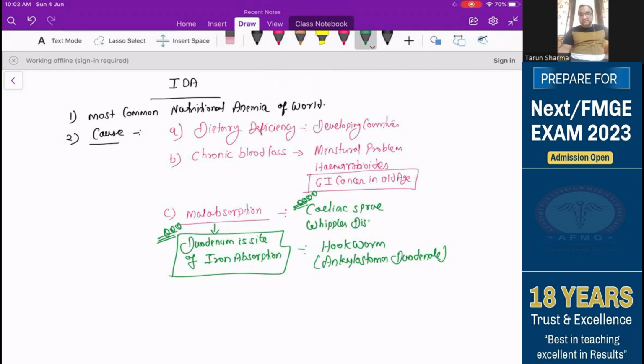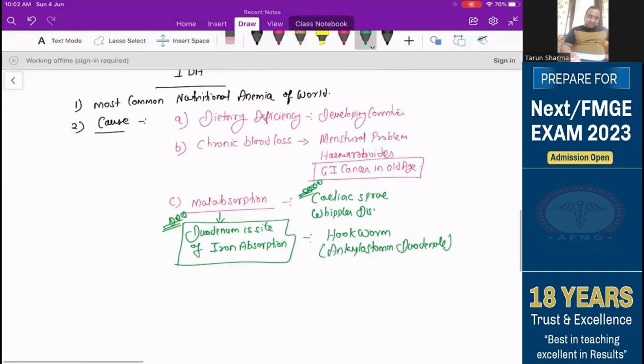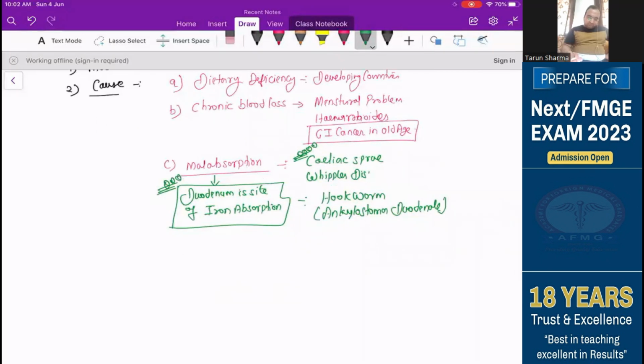If there is celiac sprue, then you have to treat the celiac sprue also. Otherwise, the patient will always have the same disease again and again. So it's very important to understand the pathogenesis of any disease so that you can cure the disease, not just treat it. You have to cure the disease so that the patient will not have it again and again. That's why the cause of every disease is important.